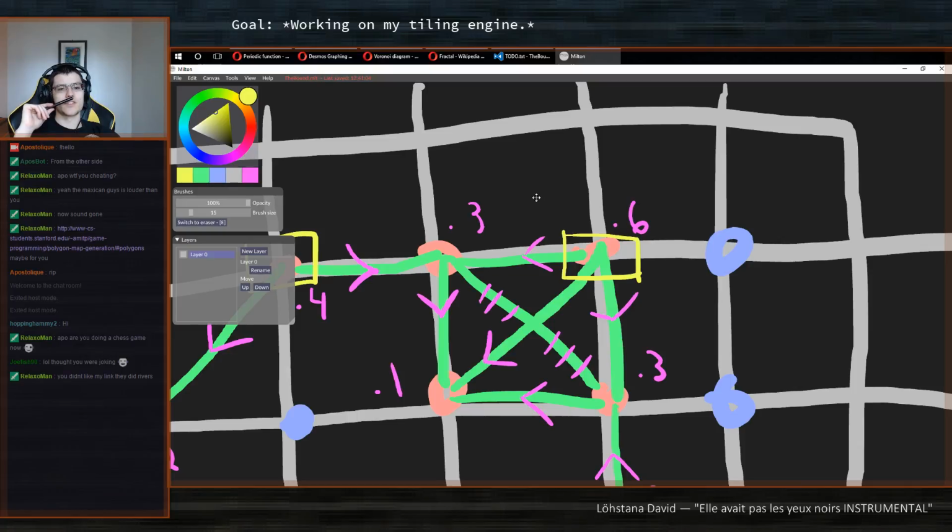I think rivers should at most split into two.